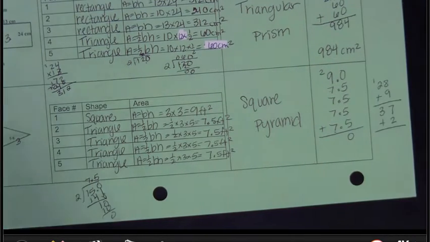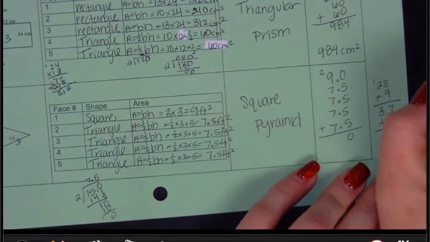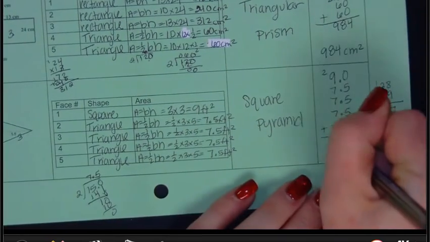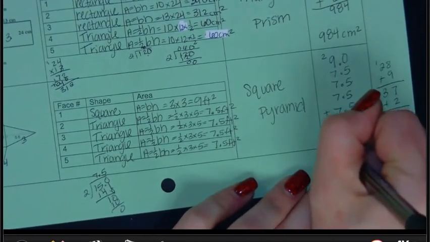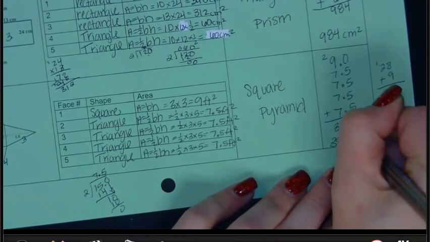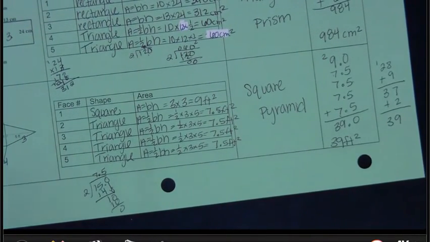I think I did that right. Let me check myself here. You do the math while I check myself really quickly. Plus 7.5, plus 7.5, 7.5, plus 7.5. Yep, 37 plus 2 more is going to give me 39. Bring my decimal straight down. So I should have 39 feet squared. There we go. Just had to double check myself. 39 feet squared.